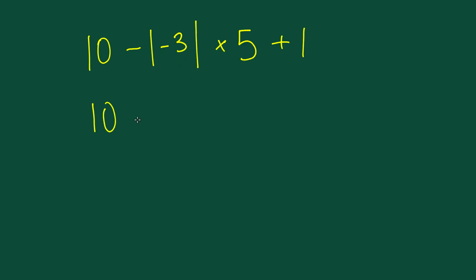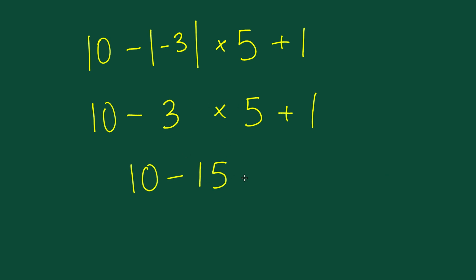So we do 10 minus the absolute value of a negative 3 is a positive 3. Okay, so the minus is minus. This becomes 3 times 5 plus 1. Next is the multiplication. So we have 10 minus 15 plus 1. 10 minus 15 is a negative 5 plus 1, right? Negative 5 plus 1 is a negative 4.